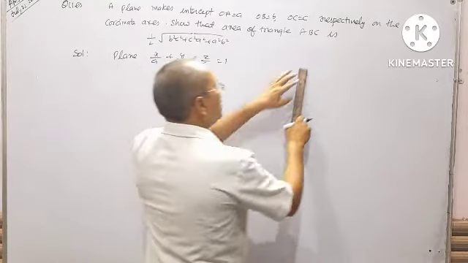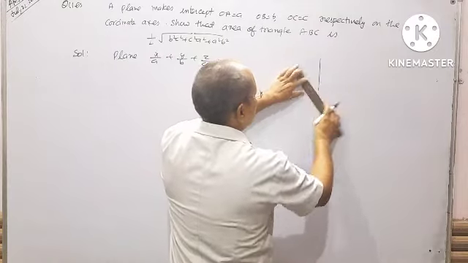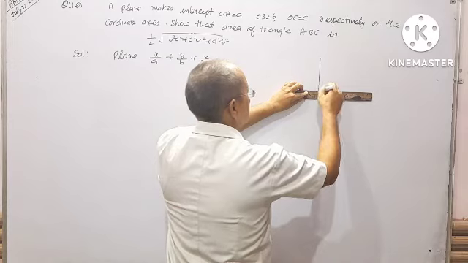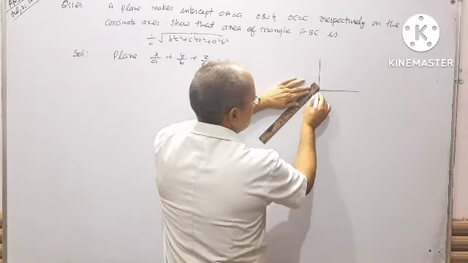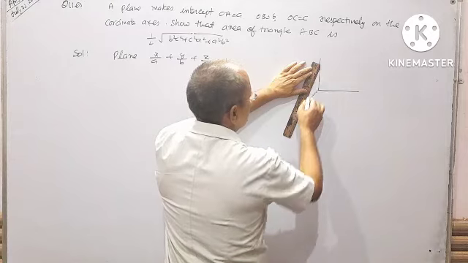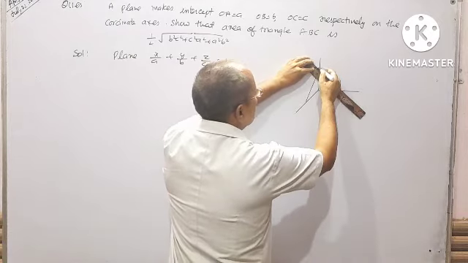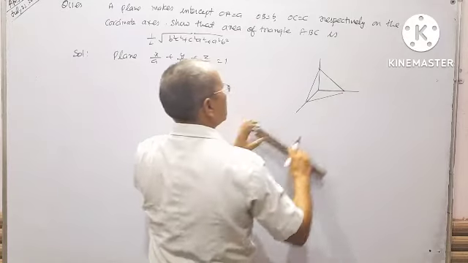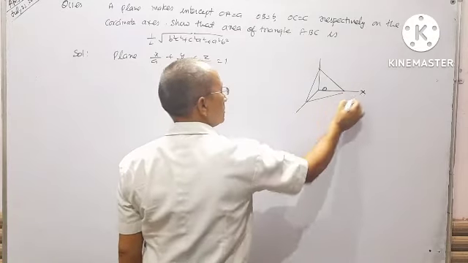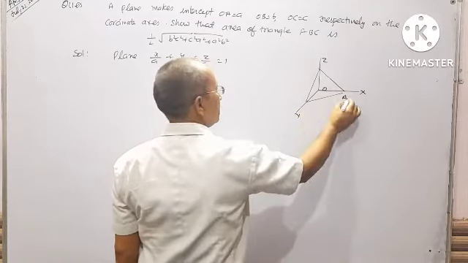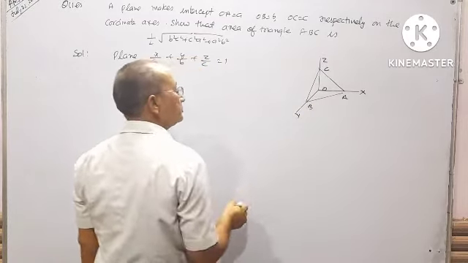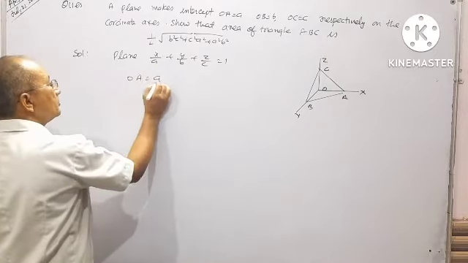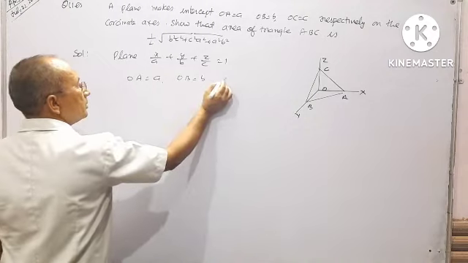The similar triangle, with OA = a, OB = b, that is the intercepts.